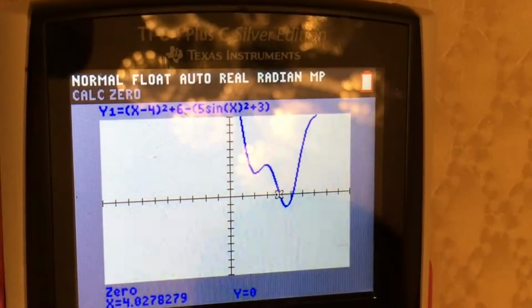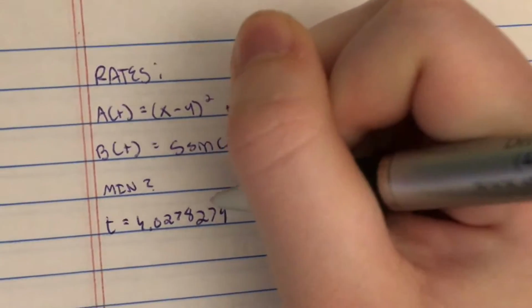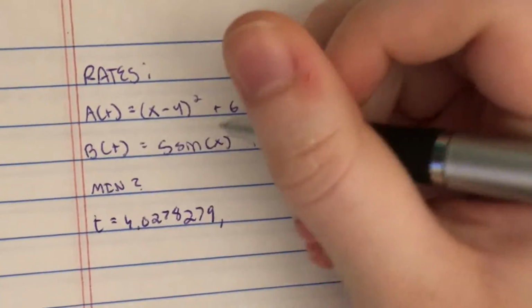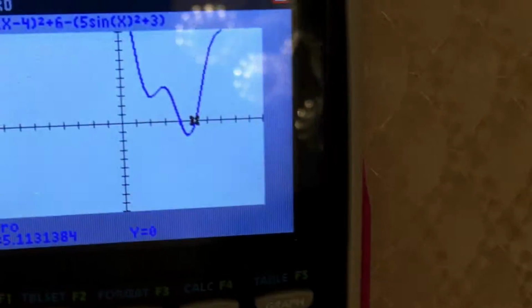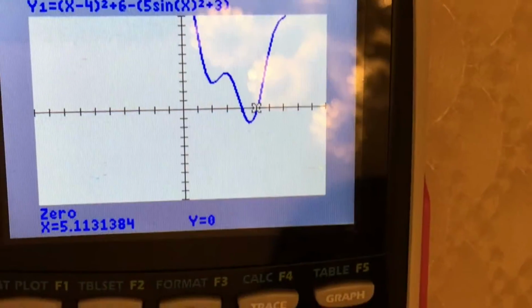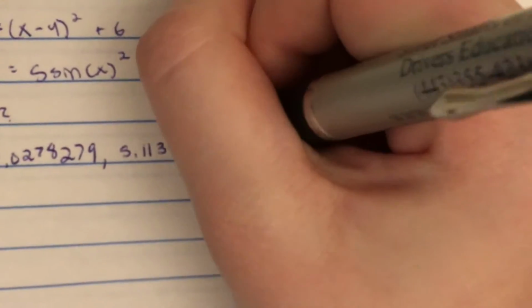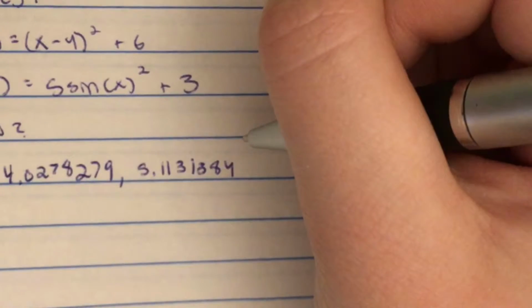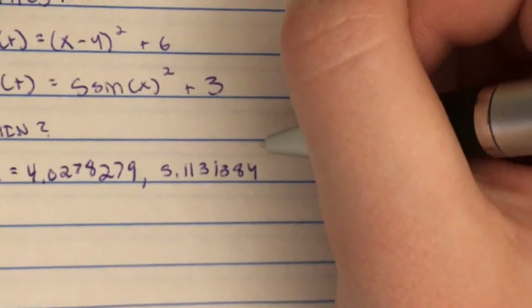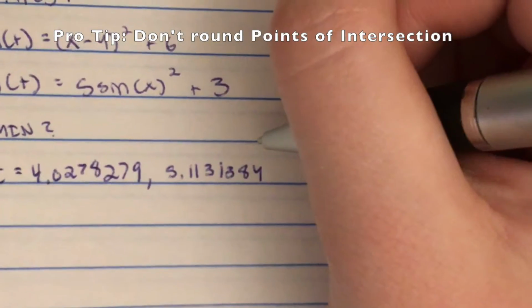Our first 0 is at x is equal to 4.0278279. Our next 0 is at 5.1131384. And because we cannot round the points of intersection, we will label them A and B.